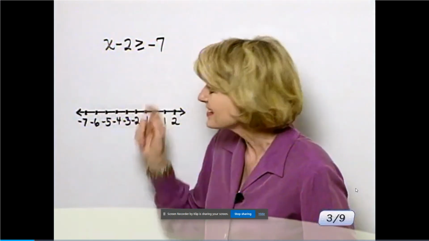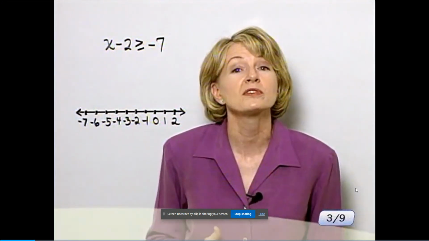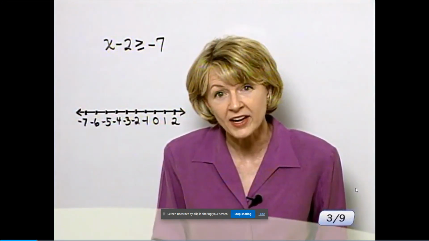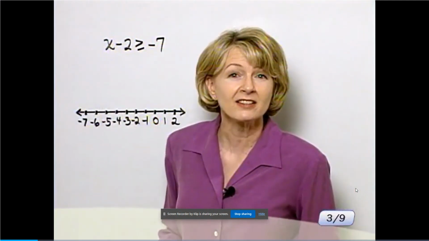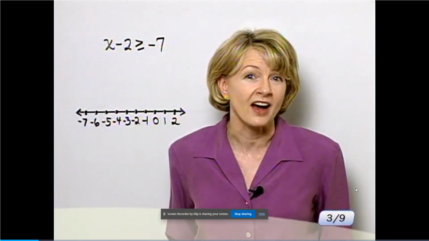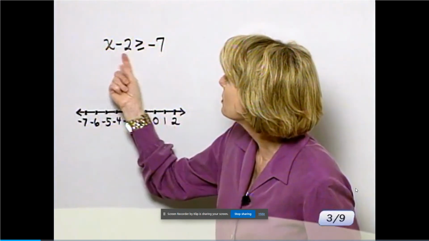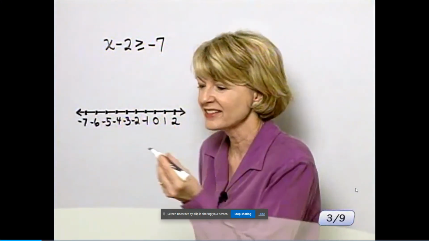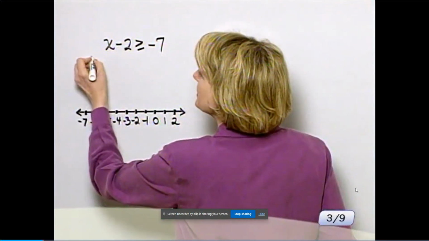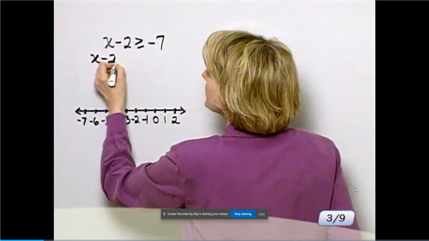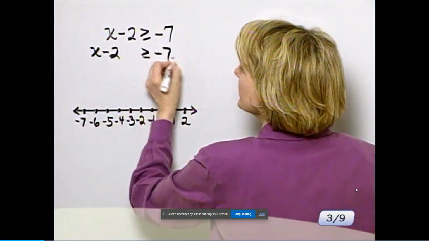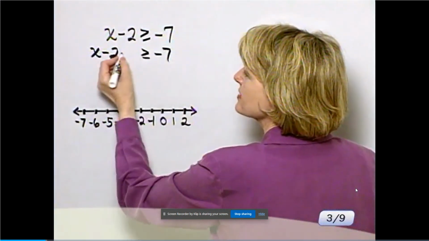Let's solve this linear inequality. We're solving it for x. And just as for equations, we do want x by itself on one side of the inequality. So notice if I add 2 to both sides, I will have x by itself. Here's the left side of my inequality, and then I'll leave a little space, and there's the right side.